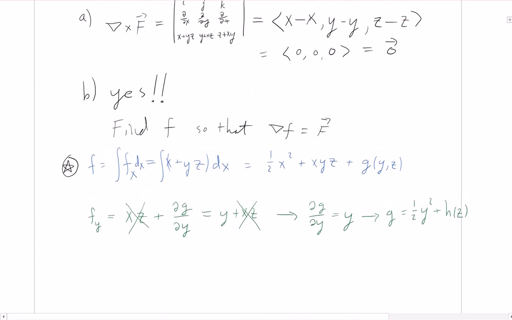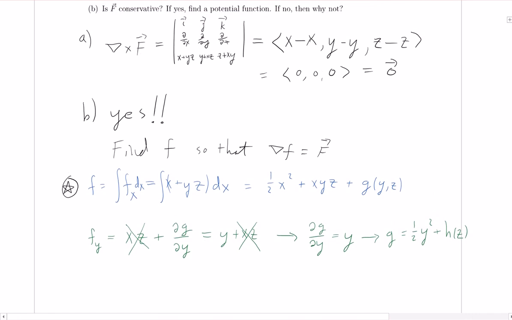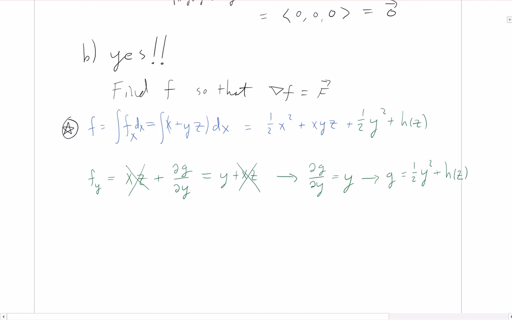So we can update our equation star. So g is in fact 1/2 y squared plus some part that we still don't know about yet. So one last step. We now take into account z.